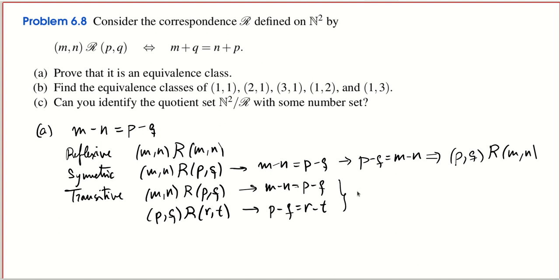So it means m minus n is equal to r minus t, which implies (m, n) is related to (r, t). Okay, so that's the transitive property. So it's an equivalence relation, right? This is wrong, by the way. This is relation.